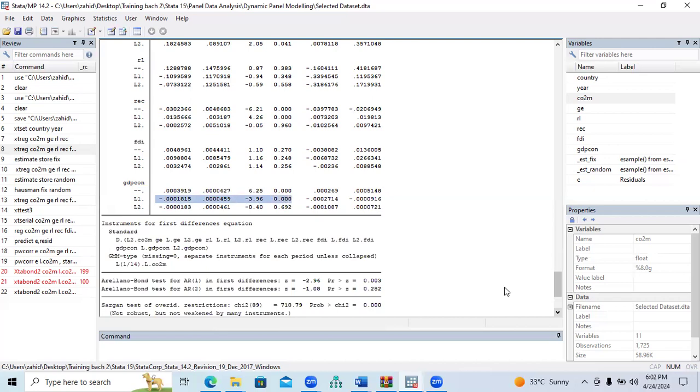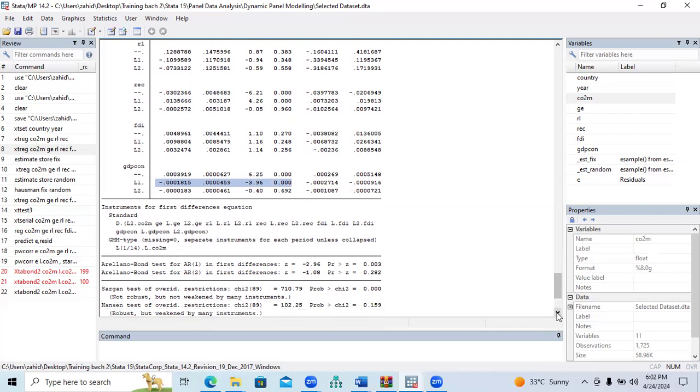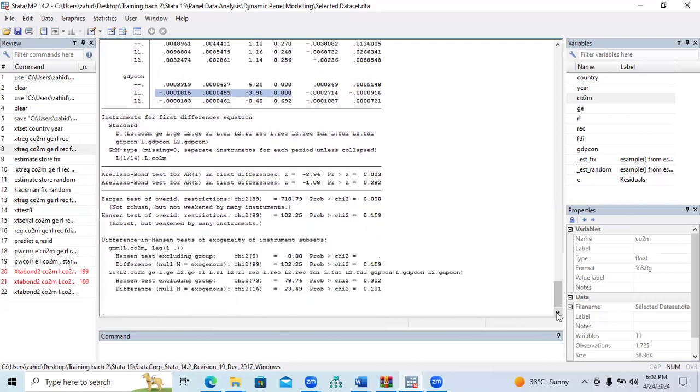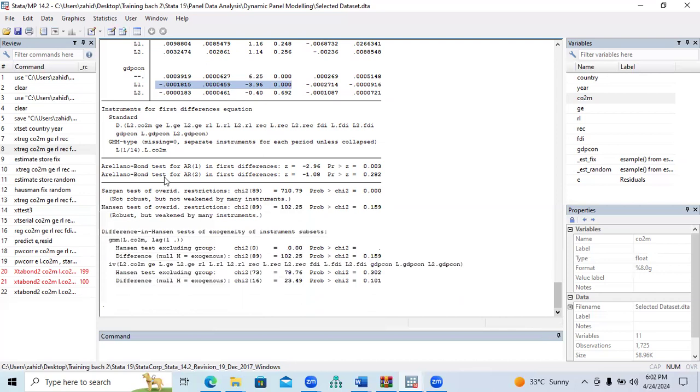Now, the next thing that you need to see after this analysis is basically the Arellano-Bond test. It is a test for autocorrelation or serial correlation. Always remember that you need to verify that the serial correlation should not be significant at second order.